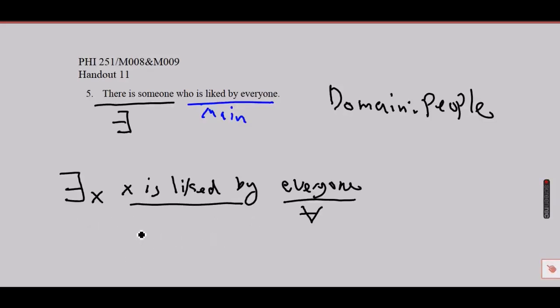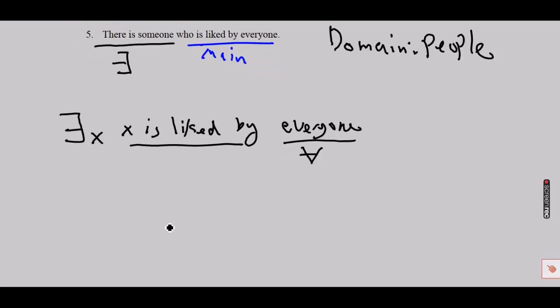If you want to, you can convert it to the active voice instead of the passive voice, which is basically everyone likes x. And you just need to symbolize everyone likes x. So we go for all y, y likes x.